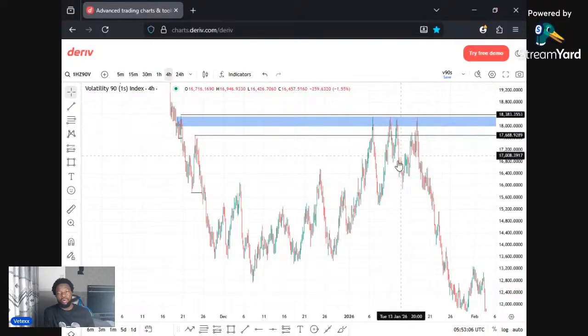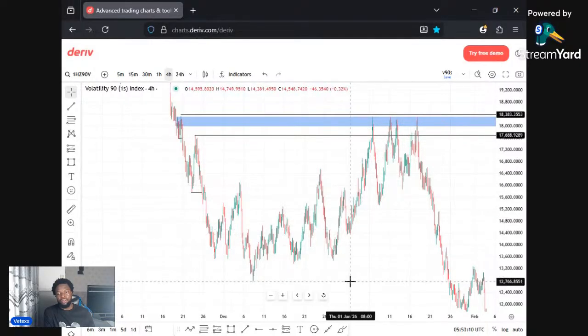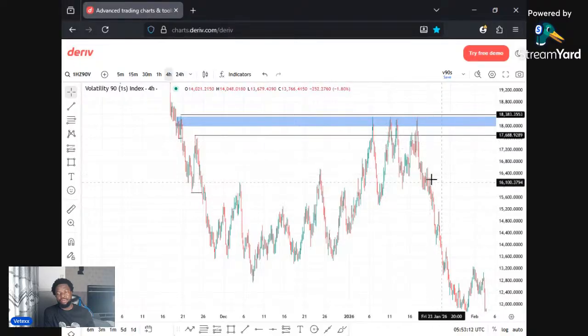So you can start holding this trade from this zone all the way to this point. So this can give you up to 1 to 20 risk to reward, 1 to 25 risk to reward, depending on how well you know how to hold trades. So this was a beautiful sell.